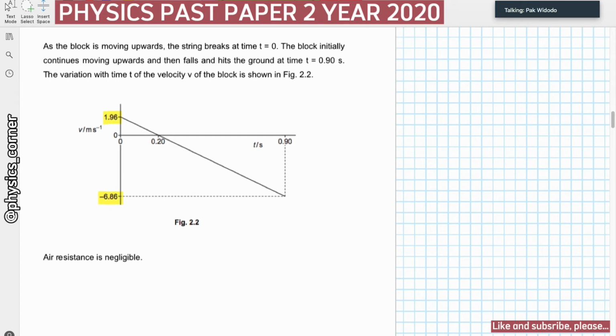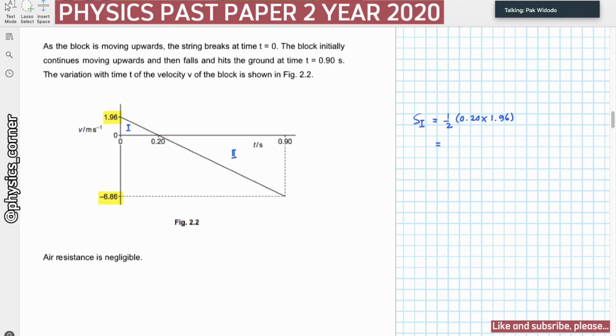Let's say this is area 1 and this is area 2. So S1 is a half of 0.20 times the velocity 1.69.